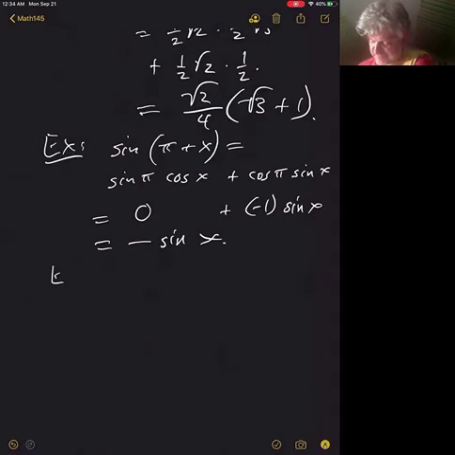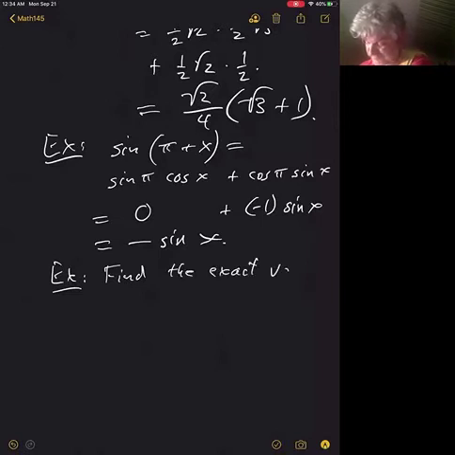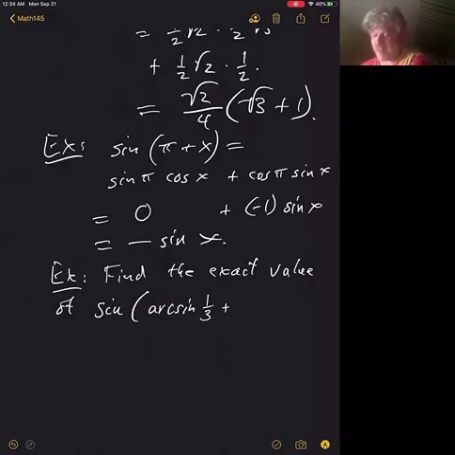But we'll do a last example, which is very much from the textbook, so expect homework questions like this. Find the exact value of the sine of arcsine 1/3 plus arccosine of 2/3.